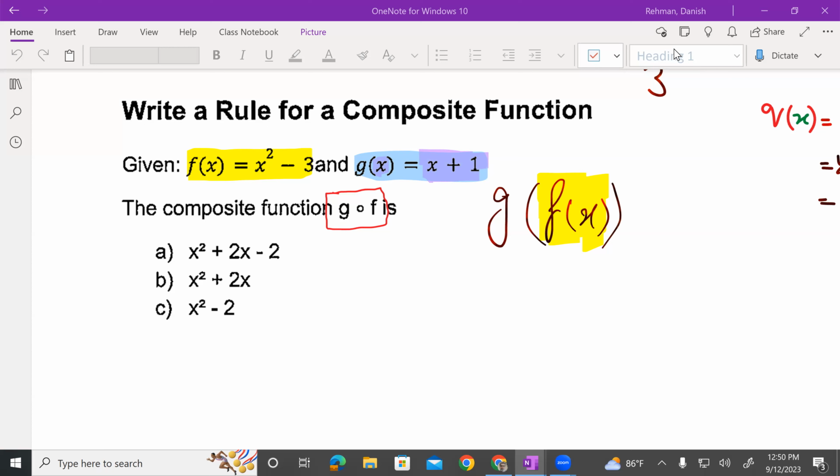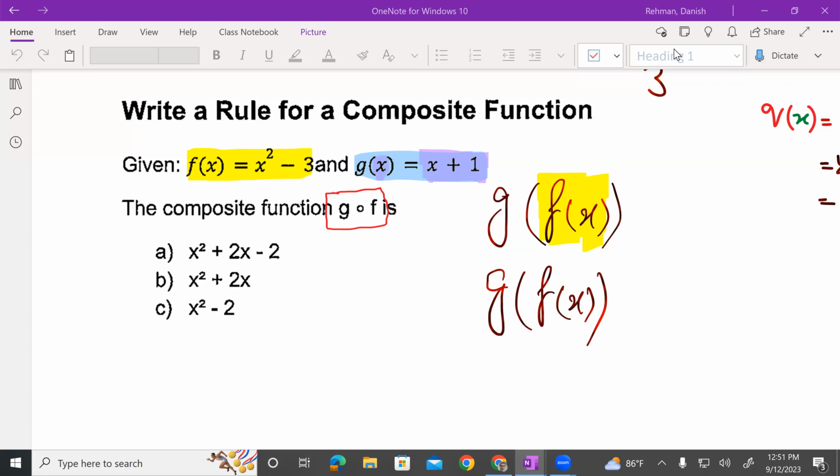Purple highlighted. So whenever you bring in something to g, what will g do to that thing? It will add a 1 to that. Easy? So in this case, whatever is the function g, now we'll think about that. Inside the function g, I have f of x.